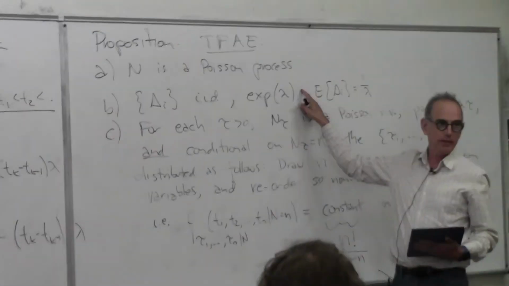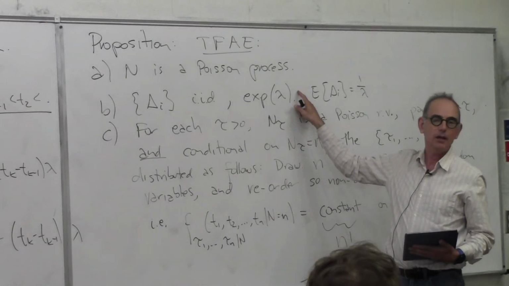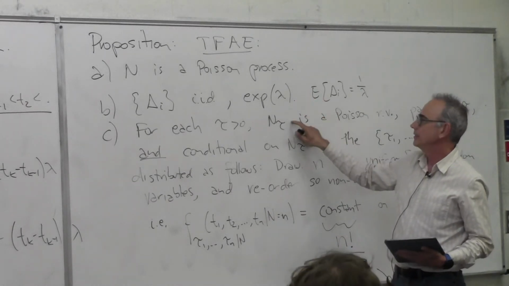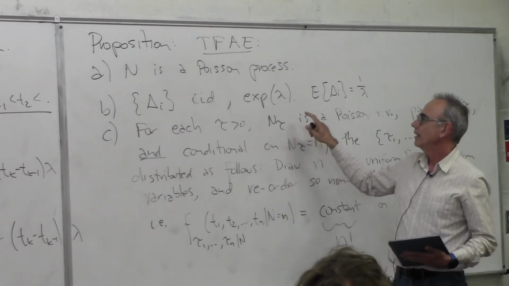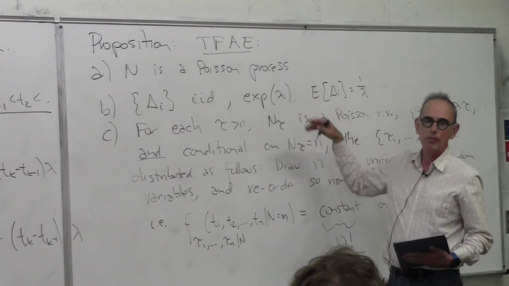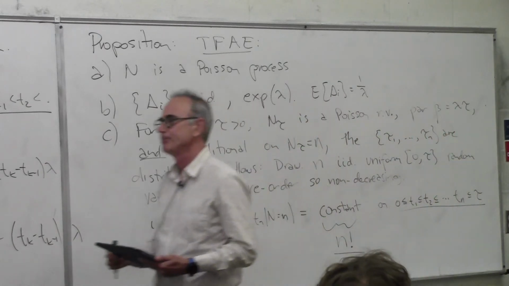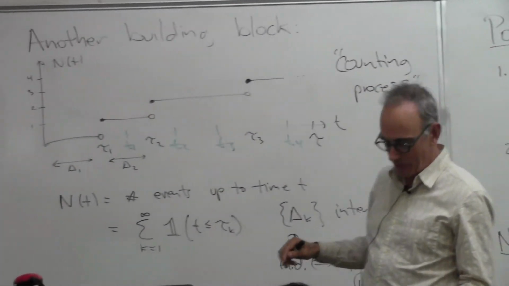It turns out that proving A implies B is tedious, but not bad at all. B implies C, you can imagine, takes more work. It's more difficult. And then C implies A is just the same sort of step. So I'll skip that, but I think it's worth doing.